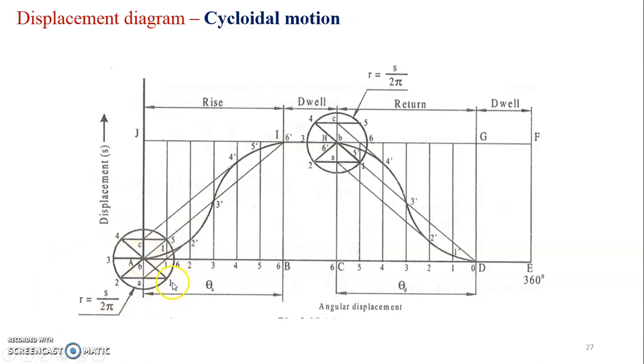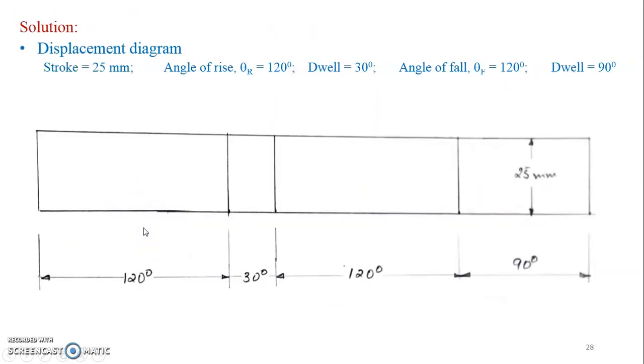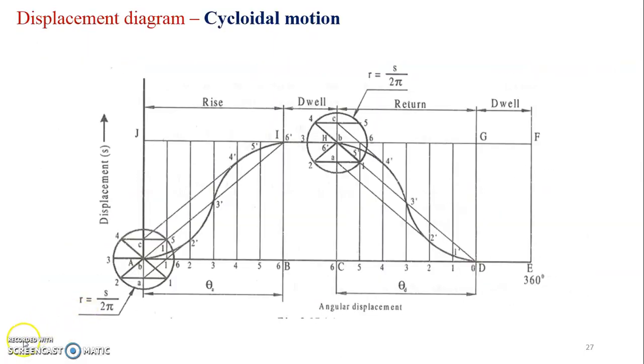Now you draw a horizontal line from 1 to 2 to get A, and then 4 to 5 to get C. So you get these points A, B, and C. Once you get these 3 points, from point B, or the center point, draw a diagonal line to the other end to get 6 dash.